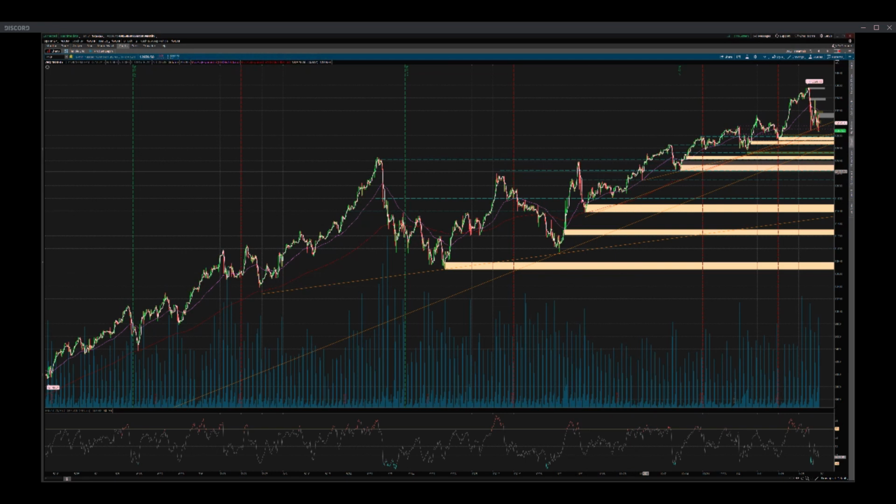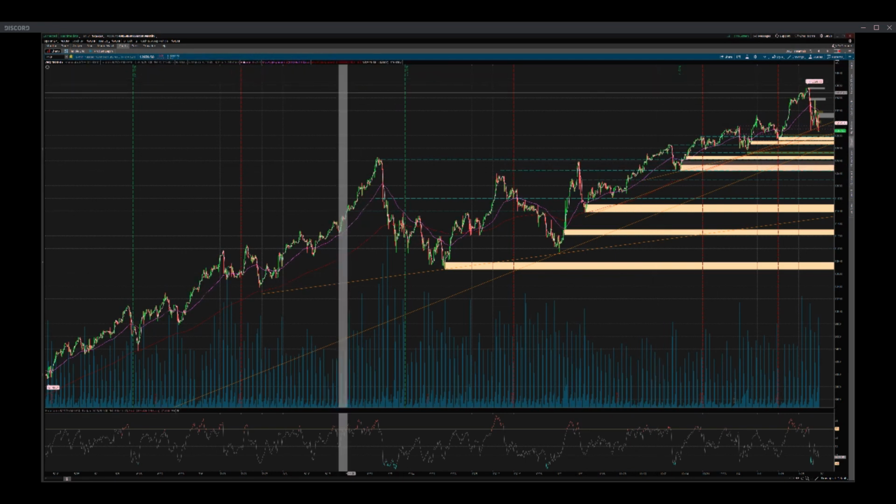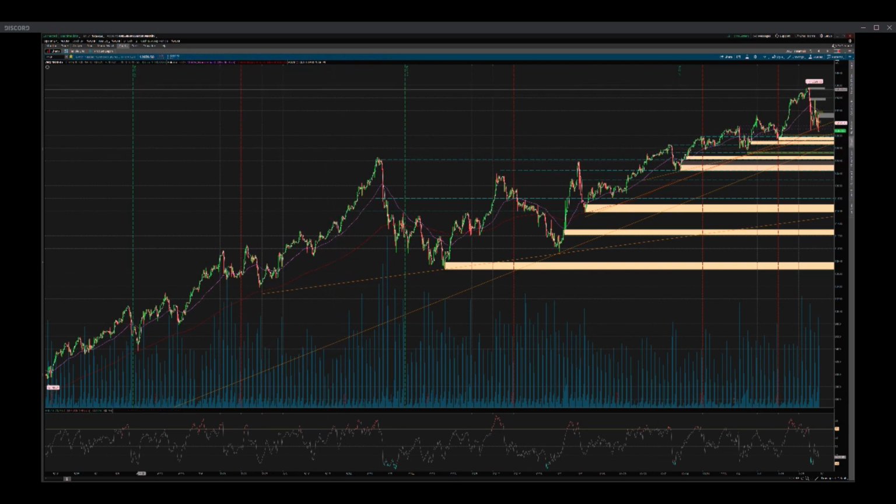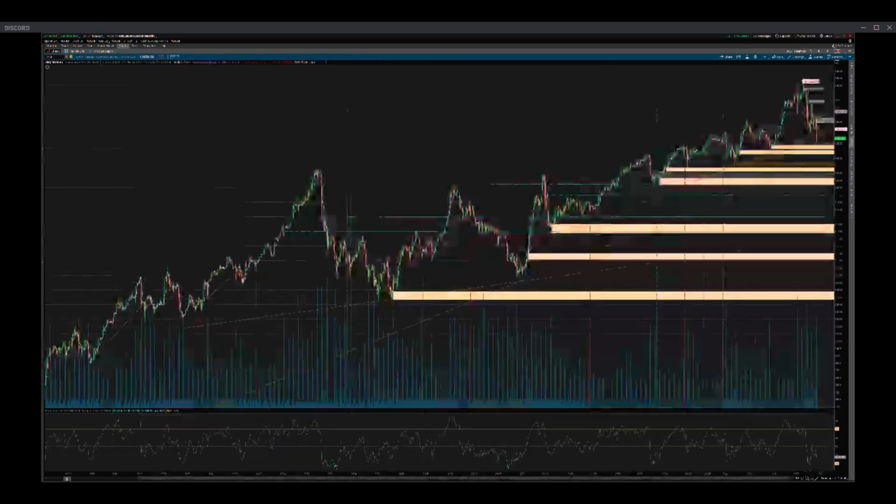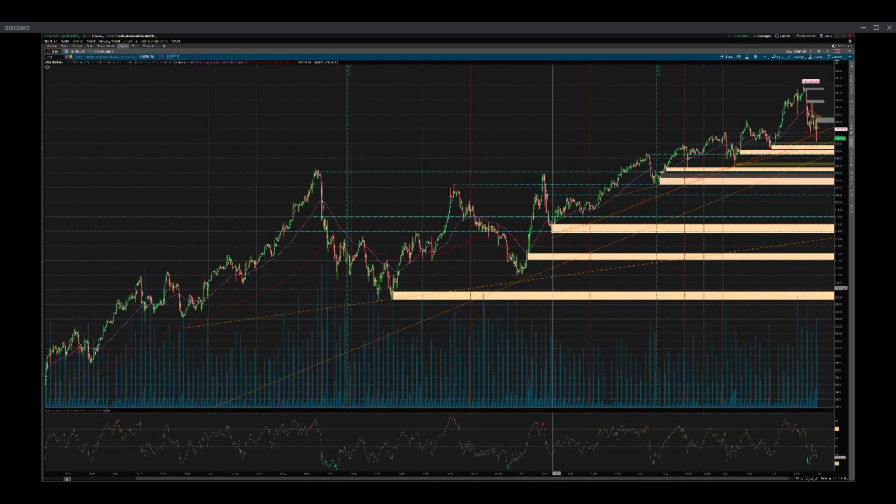But yeah, so I do my 4 hour key levels with the cyan here, and these are 4 hour zones that I have with the yellow. So you'll notice, for example, this level right here, this is a perfect level that I'm looking at in coordination with the zone.